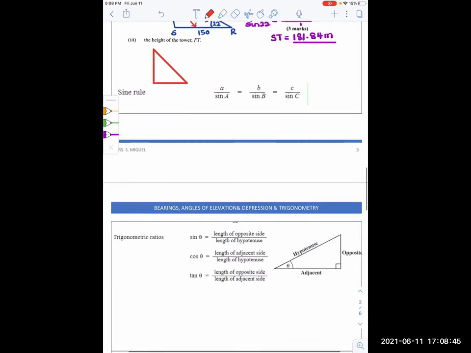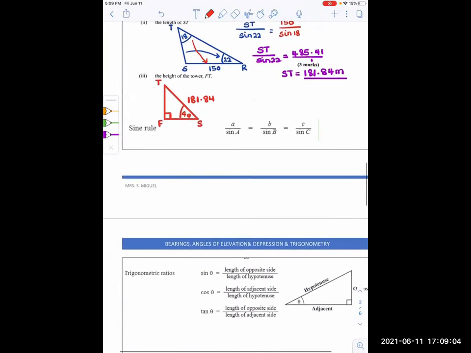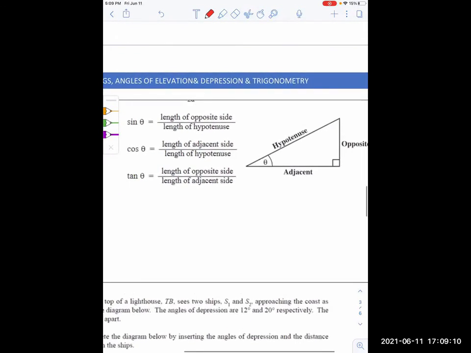Now, these are the trig ratios that we're going to use. So here, this is 40. This is 181.84. This is opposite to the 90 degrees. Let me see what this note is saying here. The side opposite to the 90 degrees is called the hypotenuse.